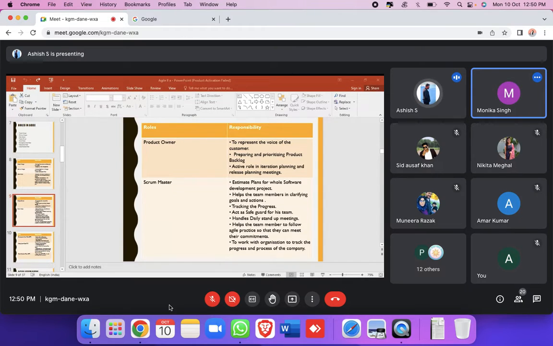If different teams are there, then of course different Scrum Masters will be present. So it depends on the project.